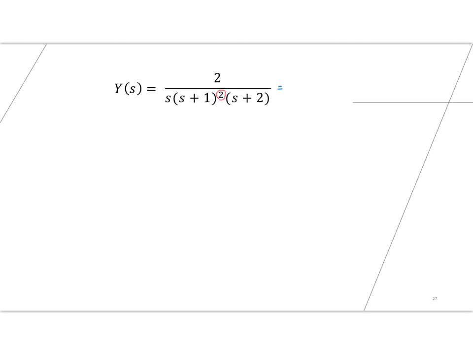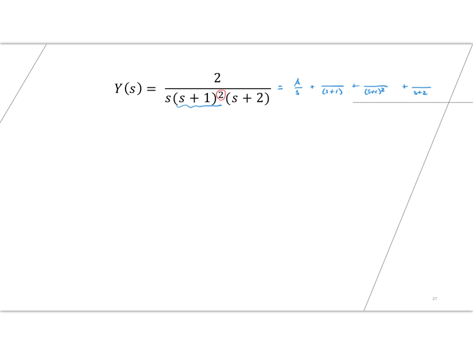Now the first piece is just going to be something over s, and my last piece is going to be something over s plus 2. That part's not weird. What's going to be different is this piece here, so I have s plus 1 squared. I'm going to have s plus 1 and s plus 1 squared.